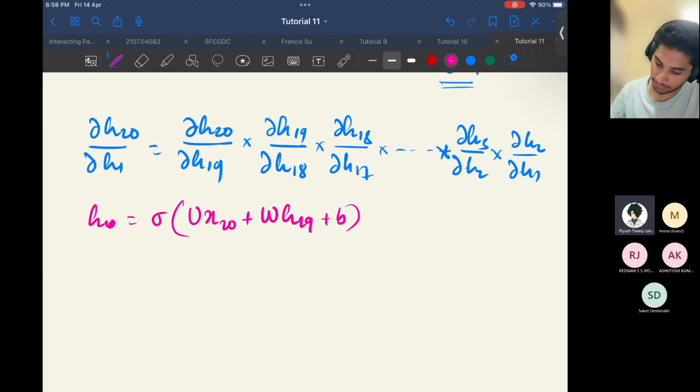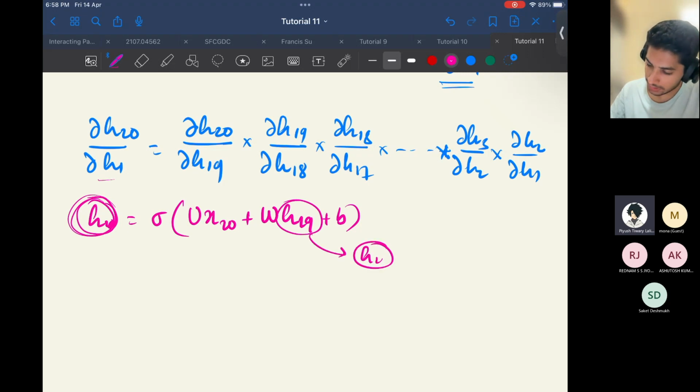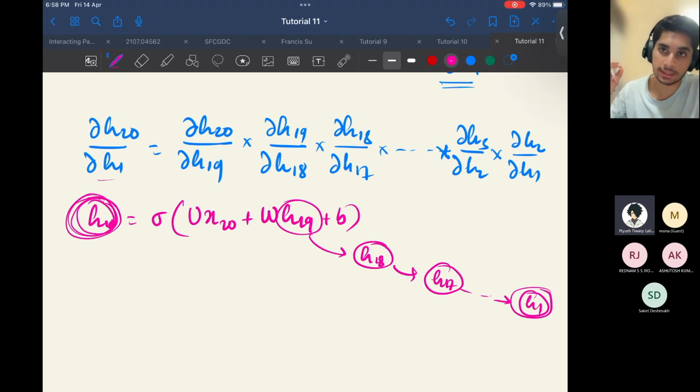If I have to take the differentiation of this with respect to h1, how is h20 related to h1? Well, h20 is related to h19. H19 will be related to H18 in a similar fashion. H18 will be related to H17, and similarly we will have some relation between H20 and H1. So just keep this in the back of your mind when you are solving this.